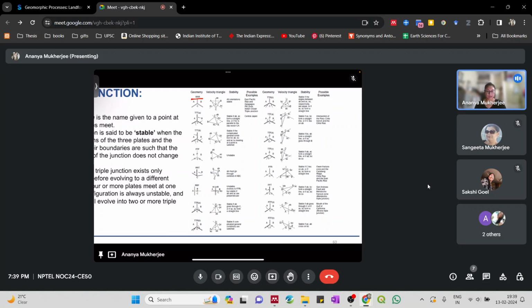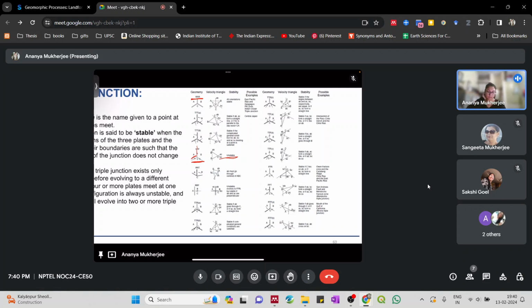Okay, while for this transform fault, all three plate boundaries are transform fault boundaries. So this is going to be unstable, because they are constantly moving past each other. Okay, so later on this plate is going to be moved away, so this part is actually going to become a rift.